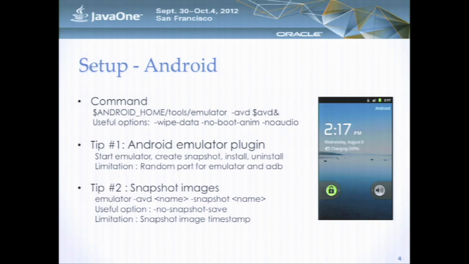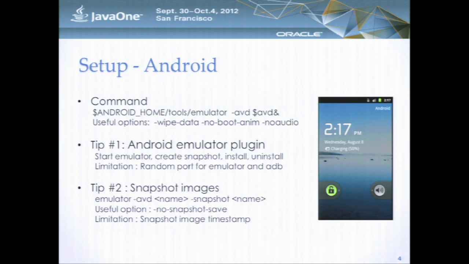All right. Next is startup time. When you use an emulator on Android, it is quite notorious that it takes forever. It takes about a minute and a half if you start from a clean slate, a clean image. So what you want to do is actually use a snapshot image. Google only recently supported that.